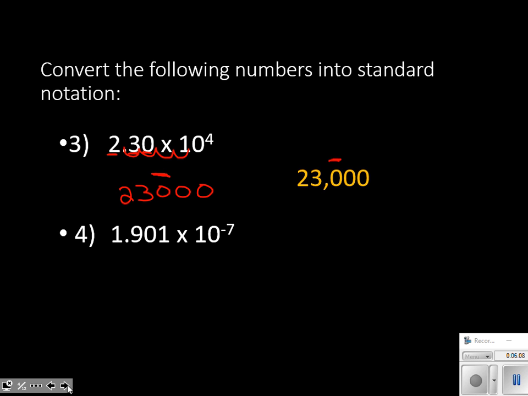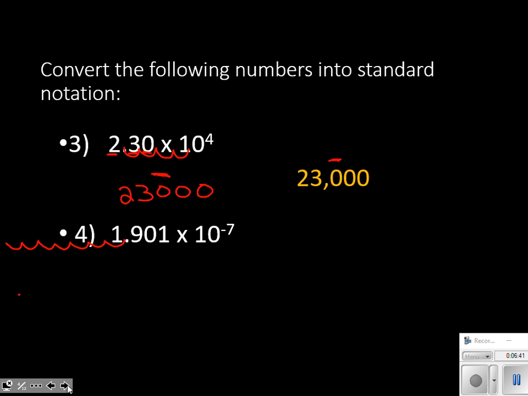My next one, 1.901 times 10 to the negative 7th. When I see that negative 7, I know that's a really small number. So what I'm going to do is jump my decimal 7 spots to the left. 1, 2, 3, 4, 5, 6, 7.